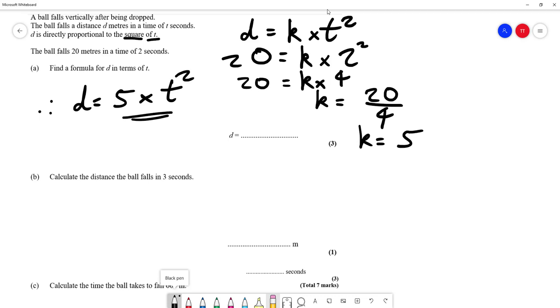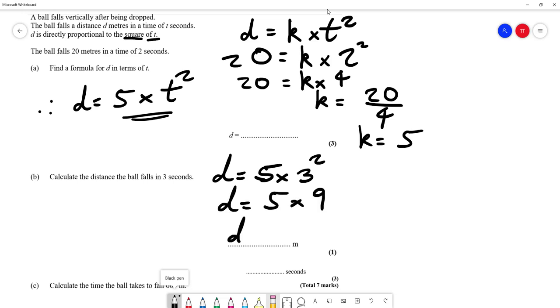Then part B says calculate the distance the ball falls in 3 seconds. So we say d equals 5 times 3 squared. So d equals 5 times 9. So d equals 45 meters.